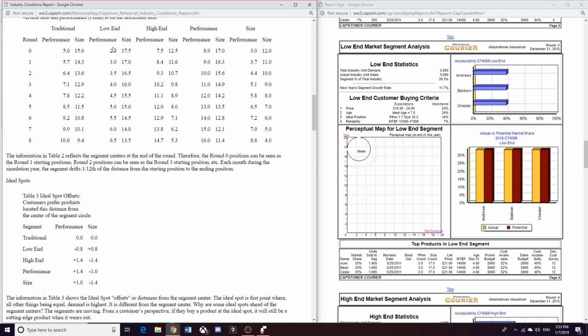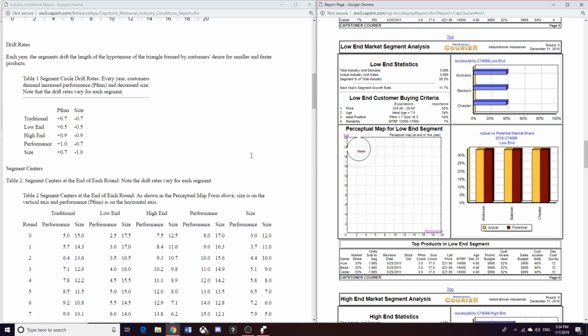Okay, so we can do that and calculate it manually, or we can save our time and say, okay, in the beginning of round 1, customers want a product that is 1.7 performance and 18.3 in size.